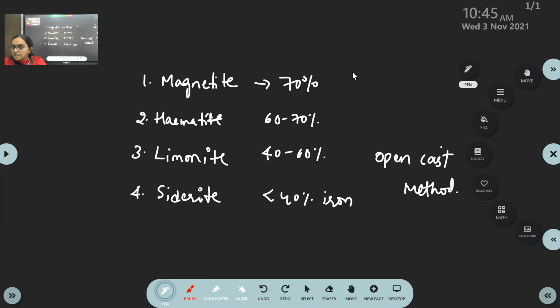This question has been asked once. Limestone is made up of calcium carbonate, or calcium and magnesium carbonates.